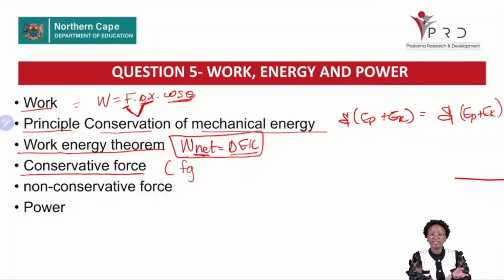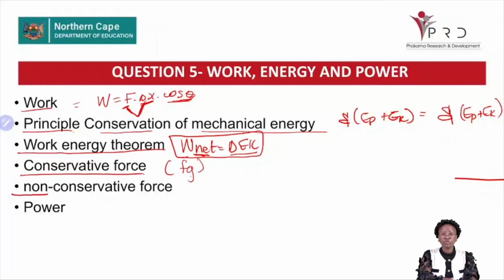You do have others, such as electrostatic force, as other examples of conservative forces. But at this point, the conservative force that we are looking at is the force of gravity. The examiner can say to you, calculate the work done by the conservative force. That means that you are calculating the work done by Fg. So it's just the language issue that you need to get used to.